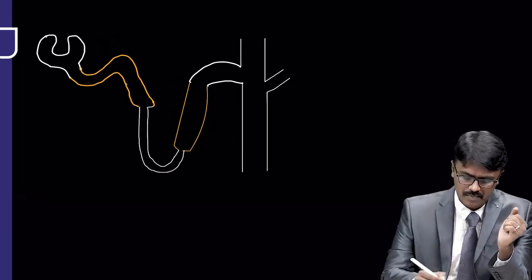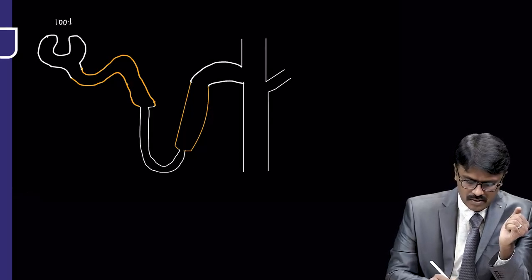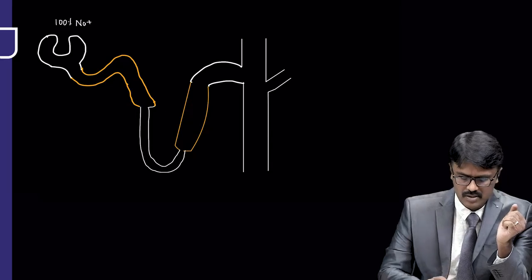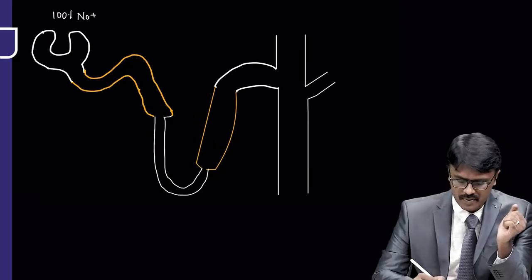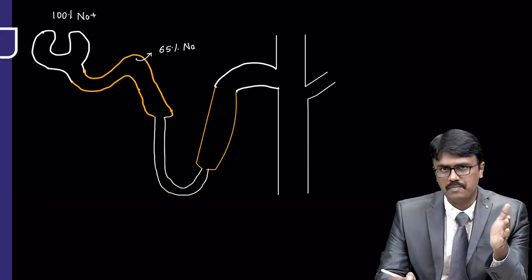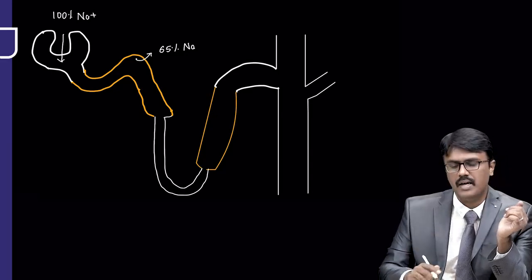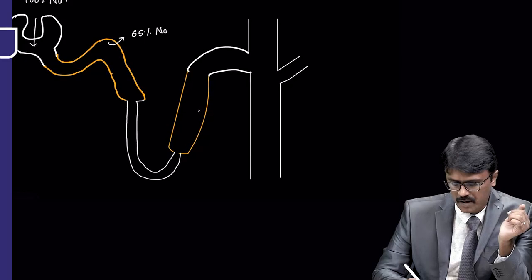Now, 100% of sodium is filtered at the glomerulus, and of that 100%, 65% is reabsorbed in the proximal convoluted tubule.